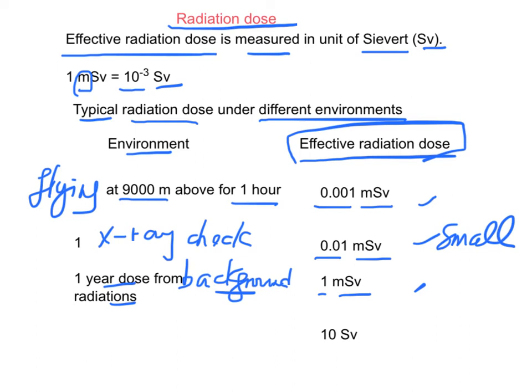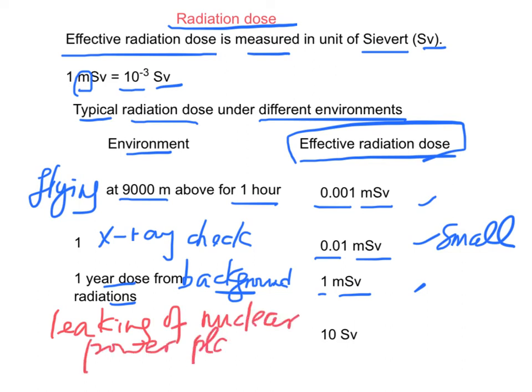However, if you are near a leaking nuclear power plant, 泄漏輻射嘅核電廠, then in 1 year or less than 1 year, you may absorb over 10 sieverts of radiation dose. That means this amount will cause fatal effects.